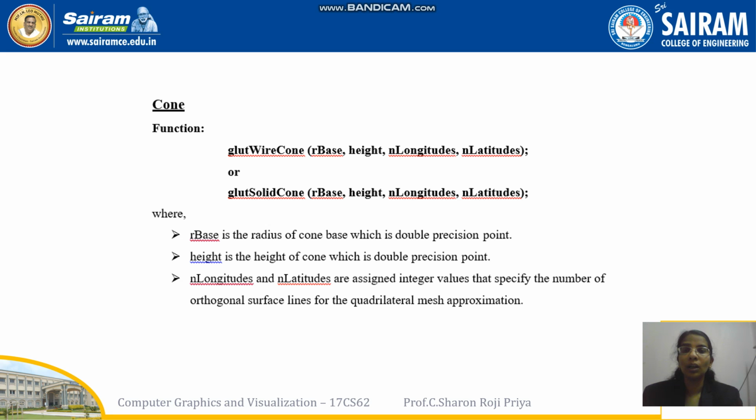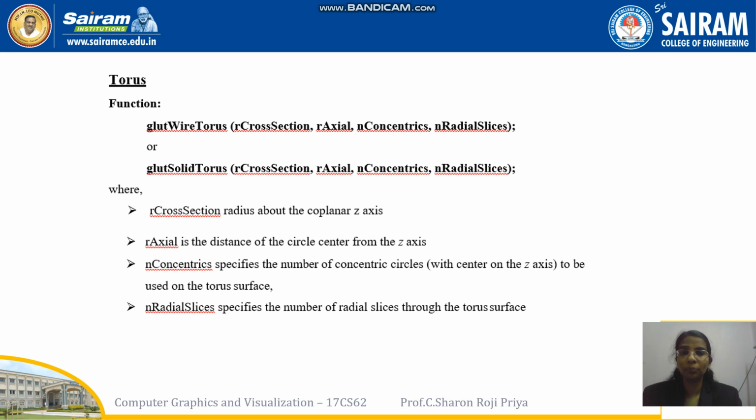Next is wire cone or solid cone. The parameters are the base of my cone, height, and the number of latitude and longitudinal lines to approximate my cone.